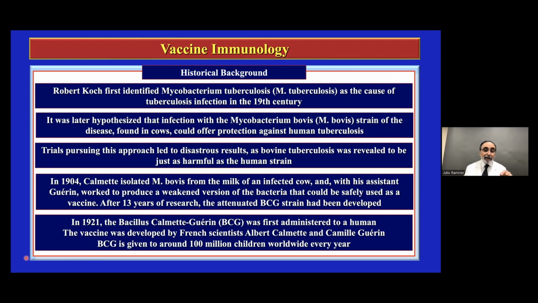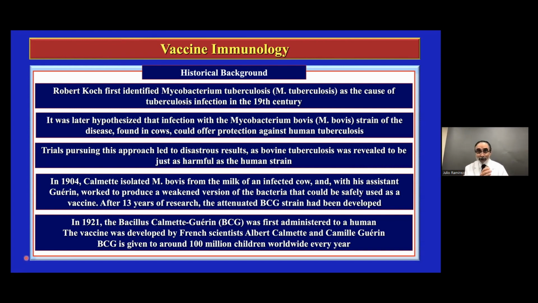Now, they grew this Mycobacterium for 11 years. Every year they injected it into animals, and the animals got tuberculosis. Another year, injected, got tuberculosis. After 11 years, they injected, no more tuberculosis. Now, all of a sudden, they have something that they can inject into humans. Now we are becoming better at safety, because now we know what we're doing.